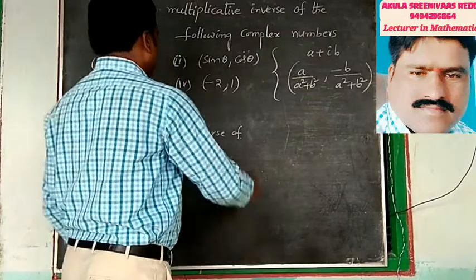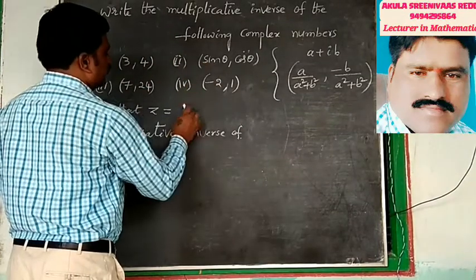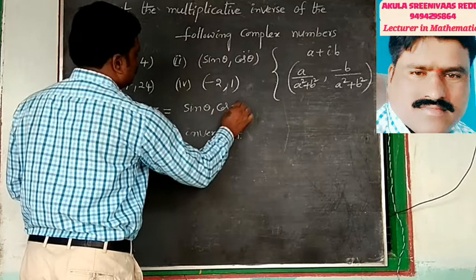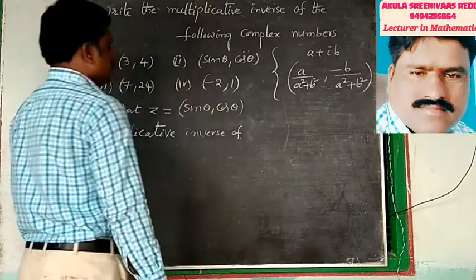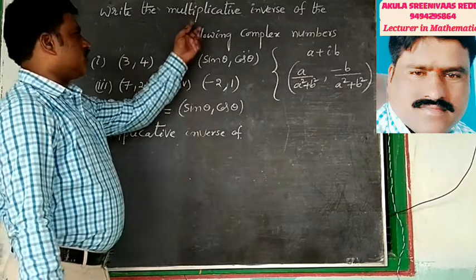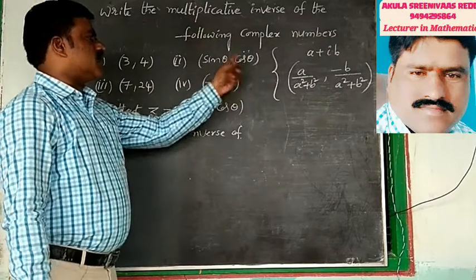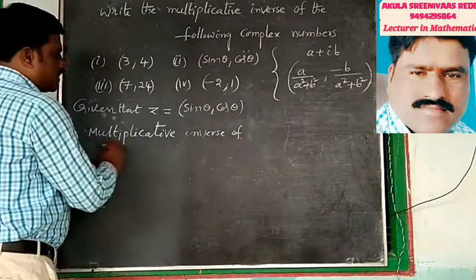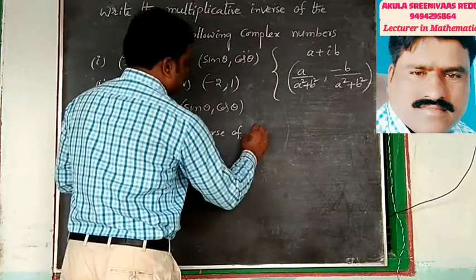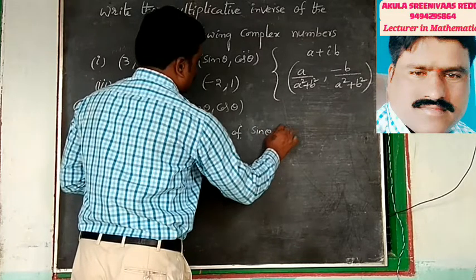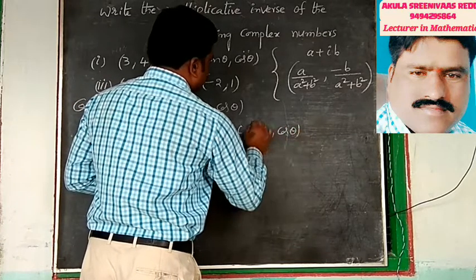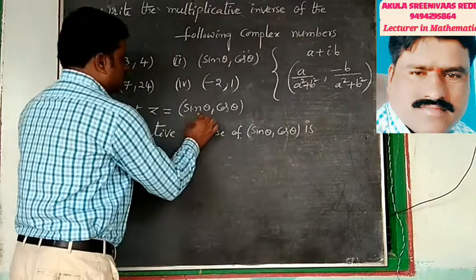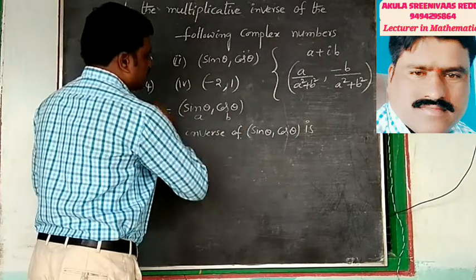Next, second problem. Given that z is equal to sin theta comma cos theta. Now we find the multiplicative inverse of sin theta comma cos theta. So same formula. Here a value is sin theta and b value is cos theta.